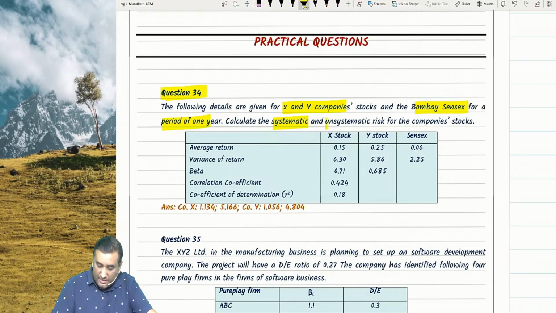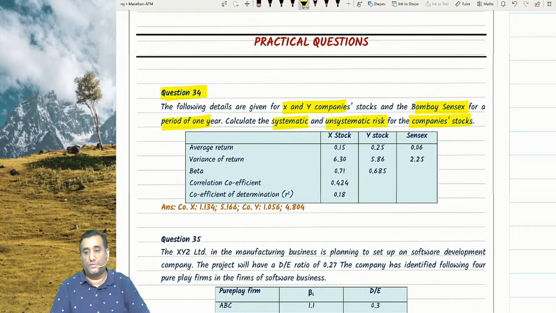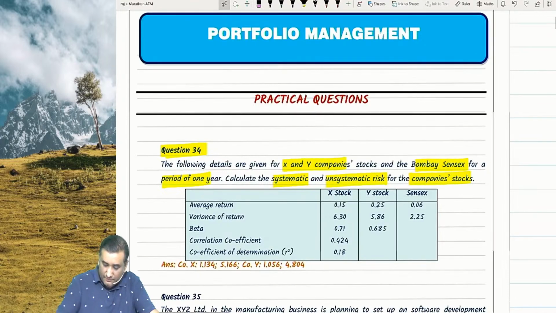Calculate the systematic and unsystematic risk of the companies.